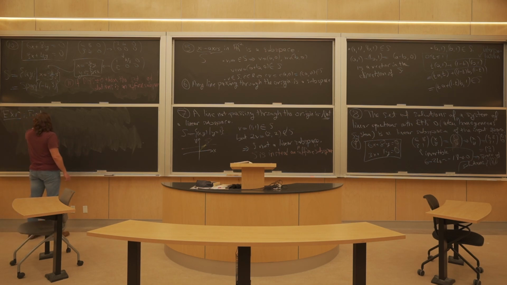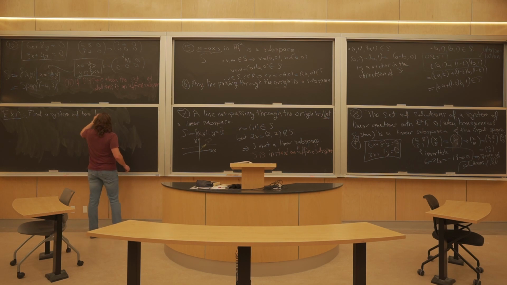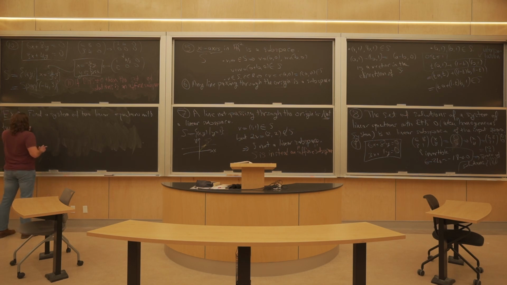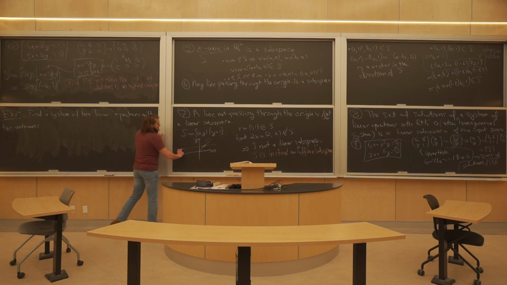Find a system of two linear equations with two unknowns whose solution set is the affine subspace, that is, y equals 1.